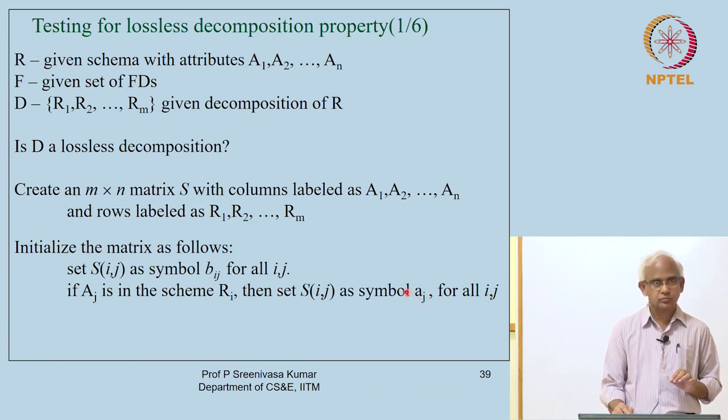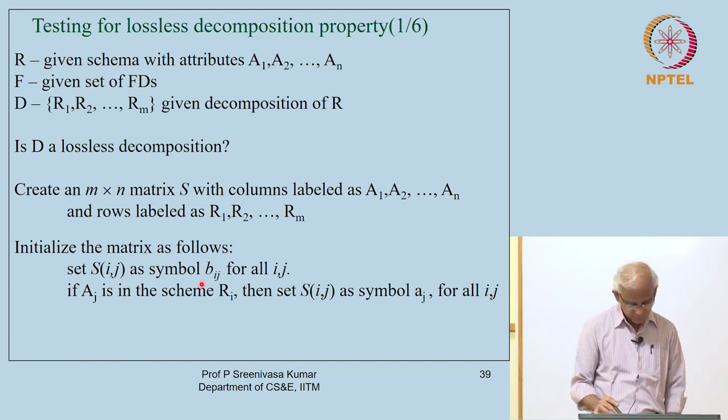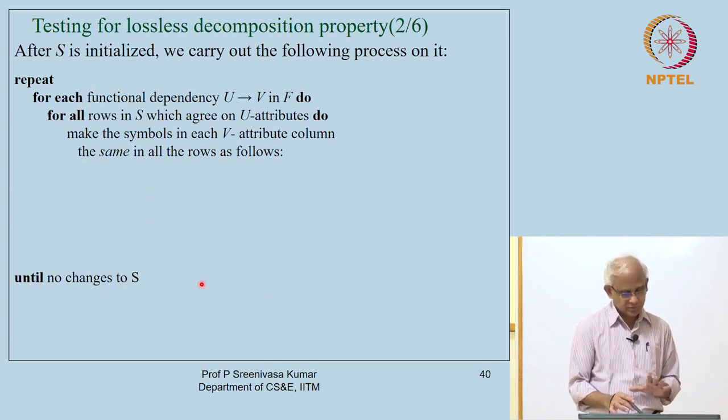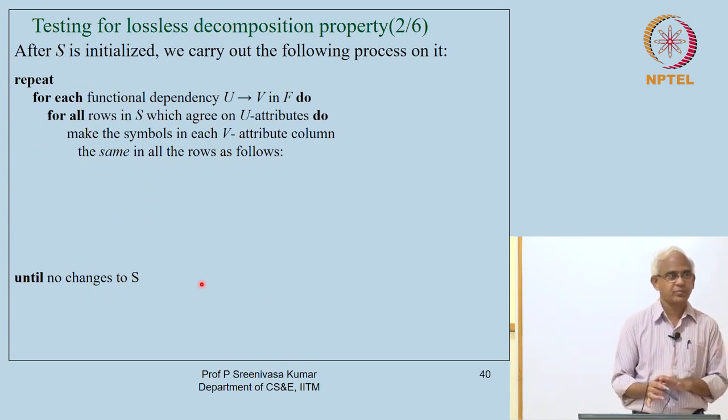Notice that this does not have two subscripts; it just has one subscript, the column number. This is how we initialize this matrix, and then we do something interesting with this matrix.